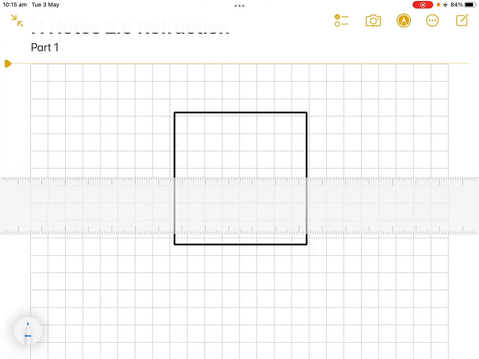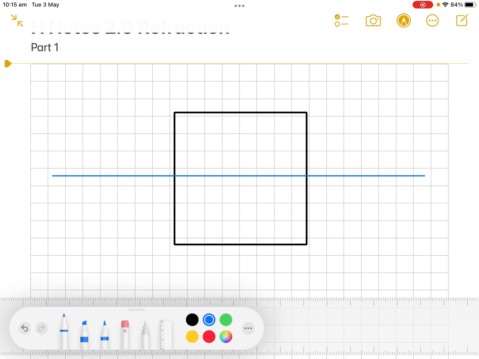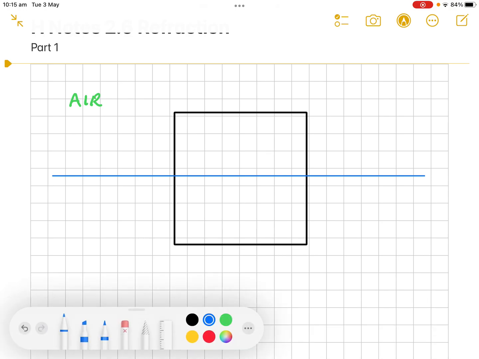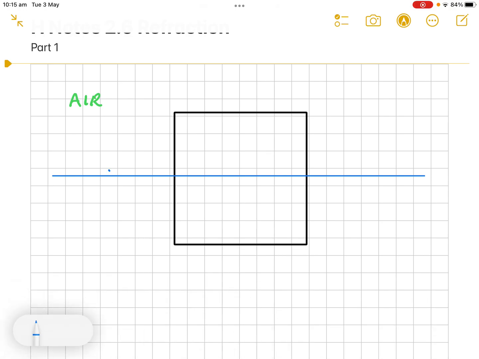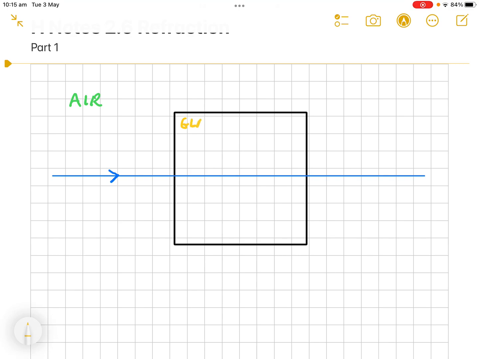and I'm just going to have the light travel straight through the glass block from the air. So there's no change of direction at this point, and that's deliberate so that we can focus on some other things. So first of all, the medium that the light is traveling through initially is air, but it then moves into glass.